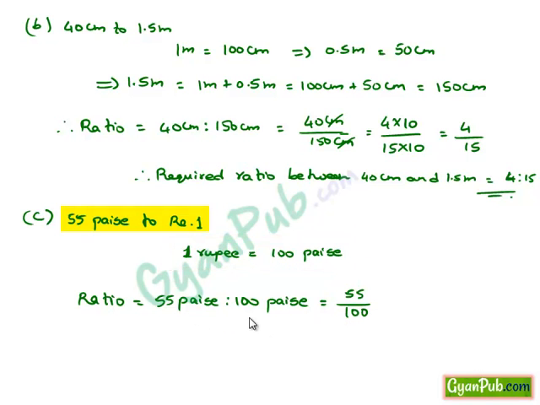Since the units are same, they both get cancelled, and this can be written as 5 times 11 upon 5 times 20, which is equal to 11 upon 20, as 5 in the numerator and 5 in the denominator get cancelled. Therefore, required ratio is equal to 11:20.